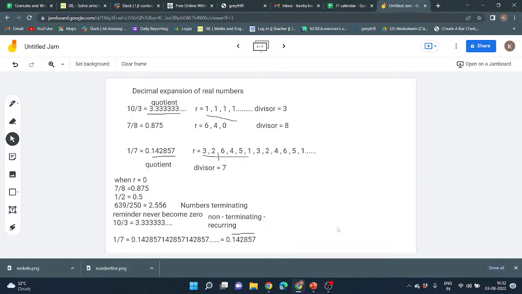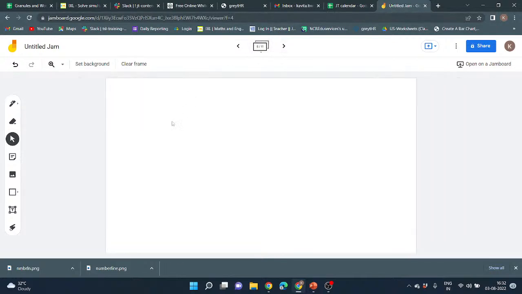Now let's have some examples. We need to show that 1.272727 can be expressed in the form of p by q, where p and q are integers and q is not equal to 0.